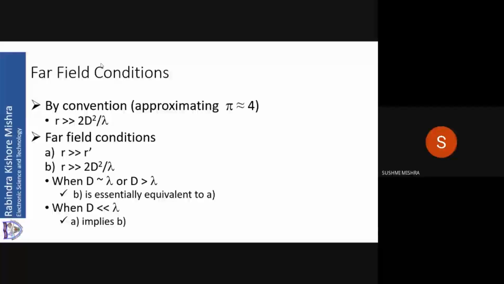That distance is R, which must satisfy these two conditions. If you have a large antenna, this distance becomes so large that you have to go outside. Inside a chamber, we cannot measure a larger antenna. For smaller antennas, we can do measurements inside a chamber.